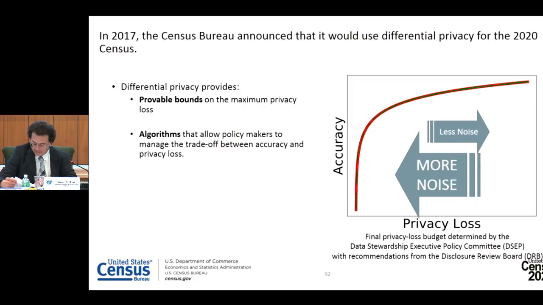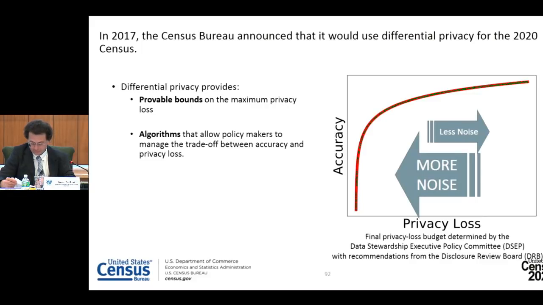At the Census Bureau, we refer to the privacy loss budget, which is the amount of privacy loss that is associated with a given data release. The final privacy loss budget for the 2020 census will be determined by the Census Bureau's Data Stewardship Executive Policy Committee with recommendations from the Disclosure Review Board.